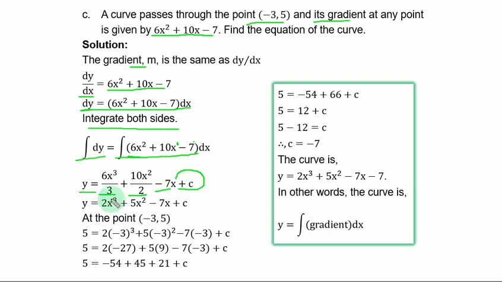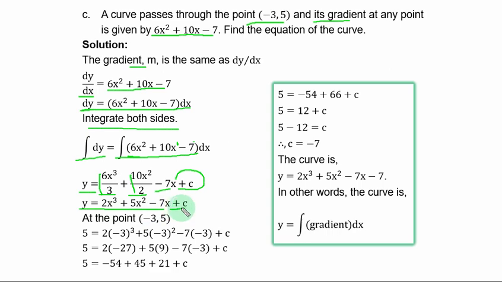If you divide 6 by 3 and divide 10 by 2, you have y equal to 2s³ + 5s² - 7s + c.